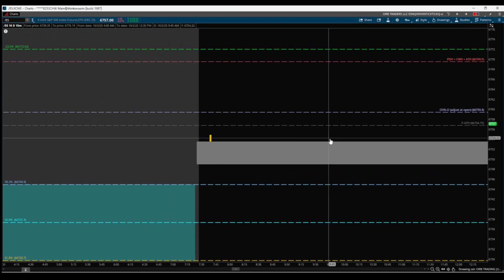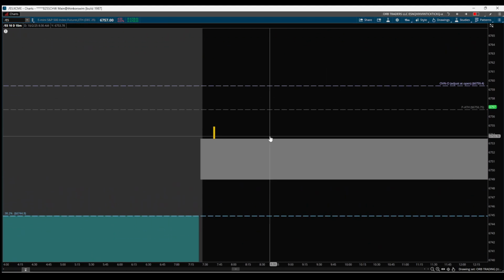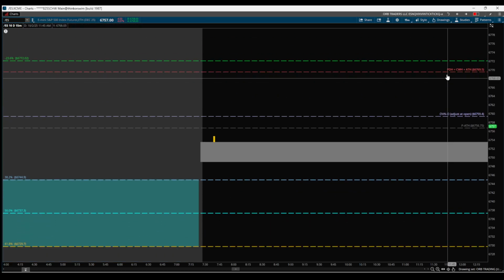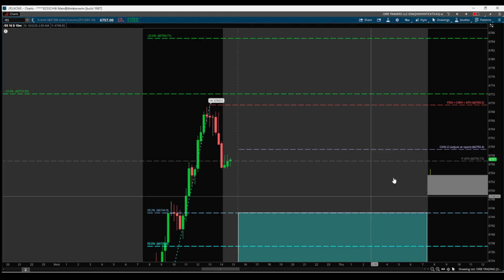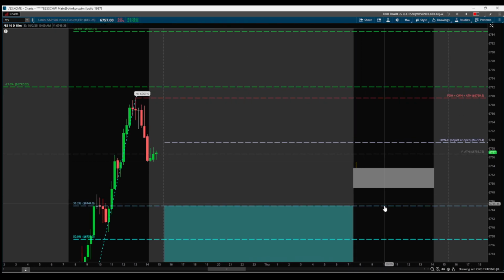And then be careful if you get into a position and you have a daily level that may be in the way, whether it's the overnight open, if that is actually going to be where it sets, or a prior day high.